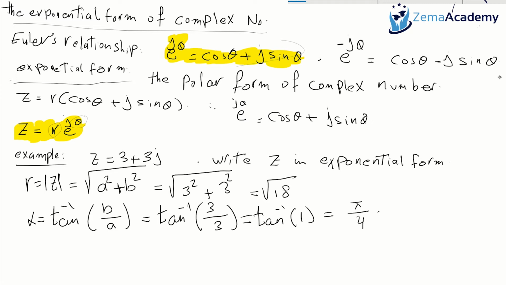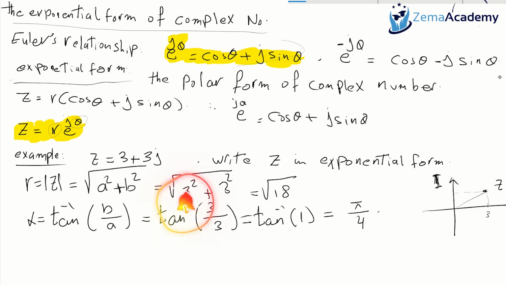That θ depends on which quadrant the complex number is located in. So you need to find out which quadrant. This is the real axis and this is the imaginary axis. Now a is 3 and b is 3, so the complex number z is in the first quadrant, correct?